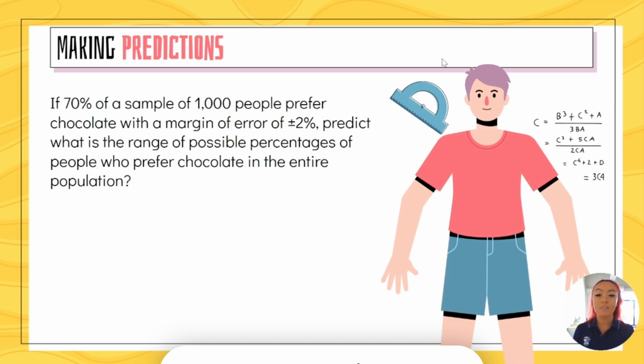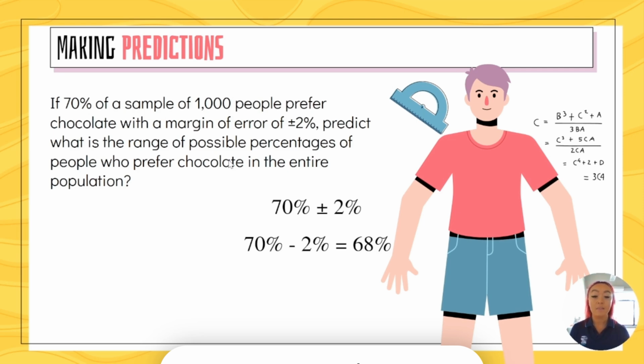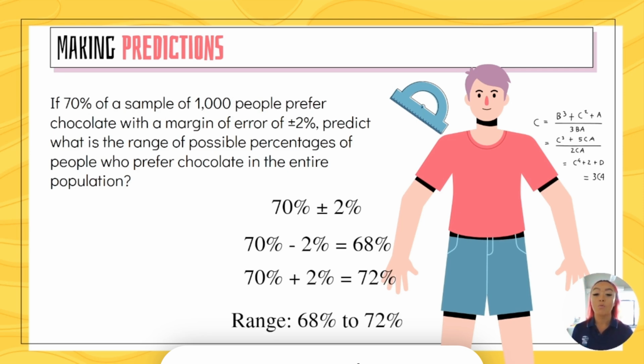So we're going to have to take our 70% and add and subtract the 2%, the margin of error, to find this range. So we'll do 70% minus 2%, that's 68%. And 70% plus 2%, that's 72%. So our range is from 68% to 72%.